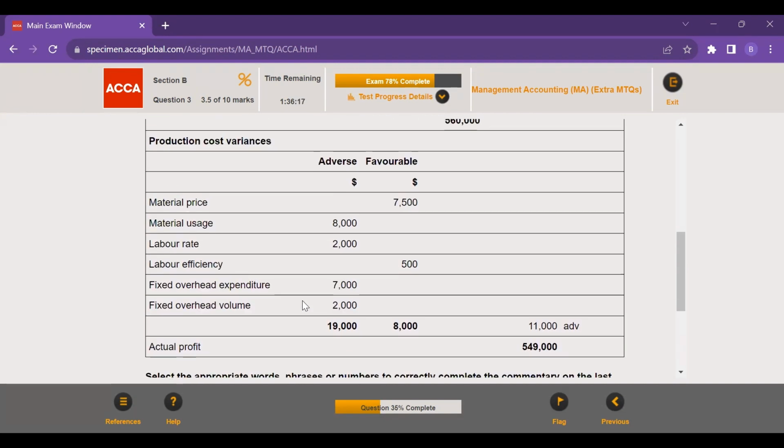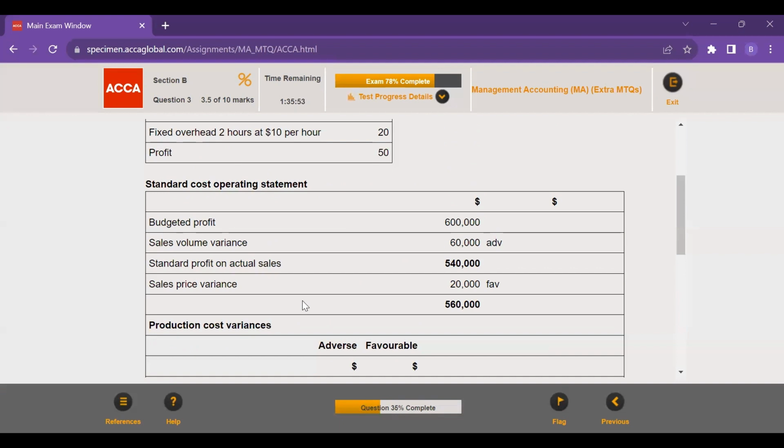So going back to the information provided to us again, we can find out the actual sales units by dividing the standard profit on actual sales by how much our standard profit is.